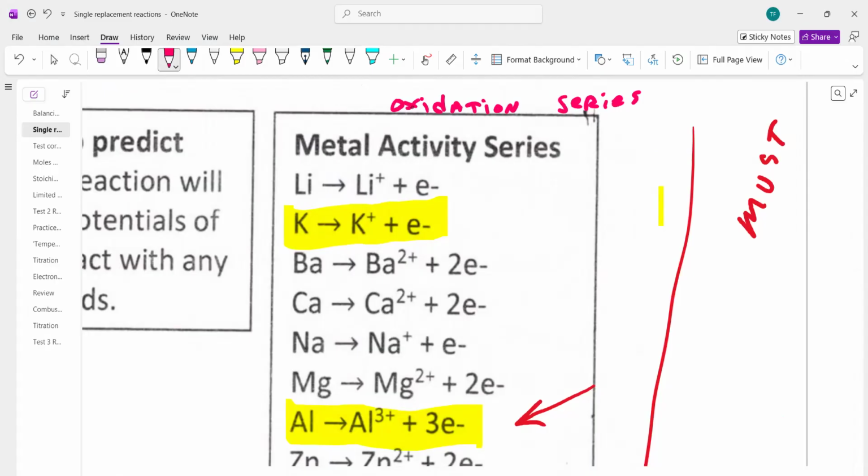What this series says is the higher in the column, the more likely an oxidation will occur. Higher means it's going to occur, lower means it's not. So this says lithium is very likely going to oxidize because it's at the very top.